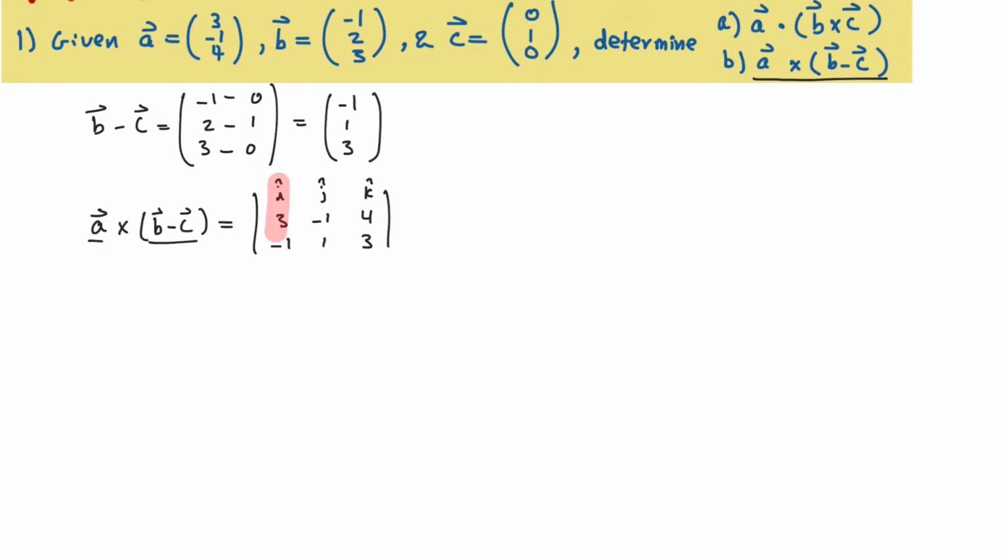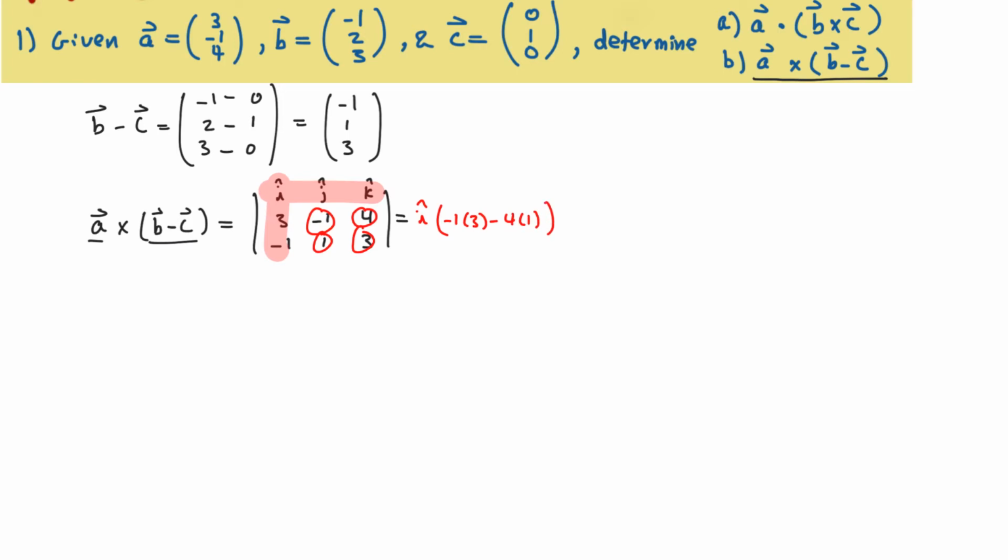For I, we're going to block off this column in the top row, and we will have things equal to vector I multiplied by this times this, so negative 1 times 3 minus 4 times 1.